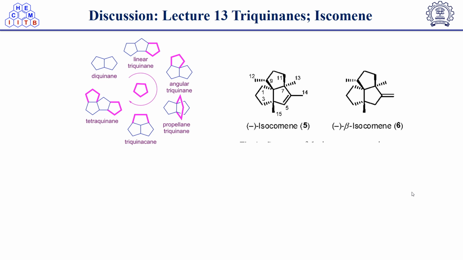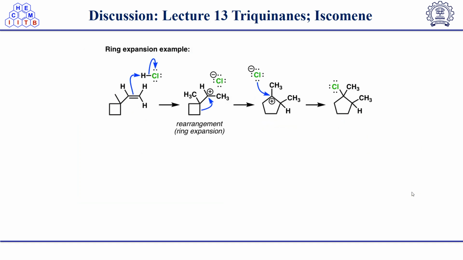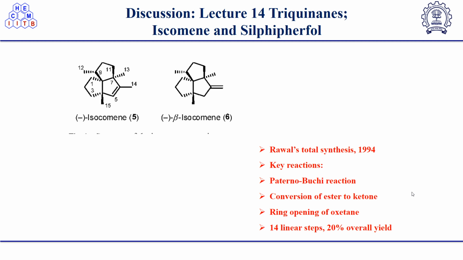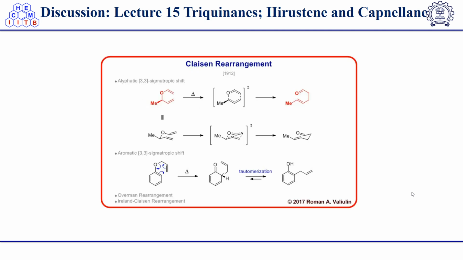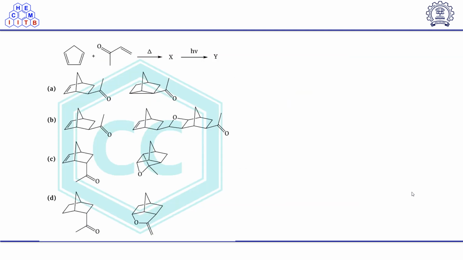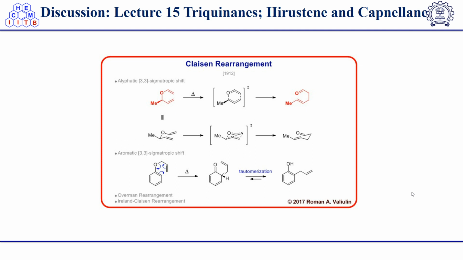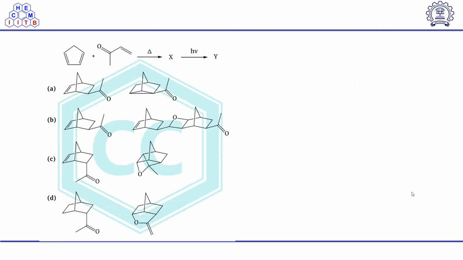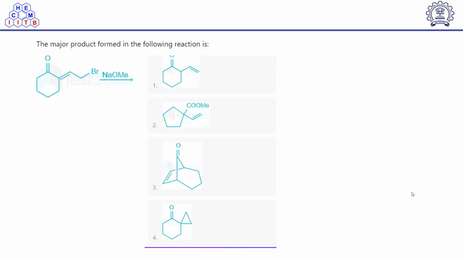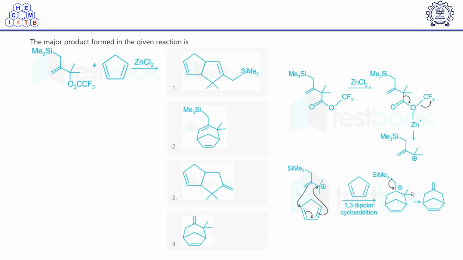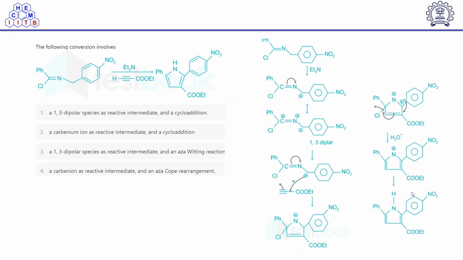We started the discussion about triquinanes and saw the total synthesis of isocomene, then silphinene, then hirsutene and capnellene, which are linear triquinanes. Then we saw some rearrangements, the Wagner-Meerwein rearrangement and Claisen rearrangement, their mechanisms, and we also discussed some questions regarding those topics. So that was the content for last week's session.